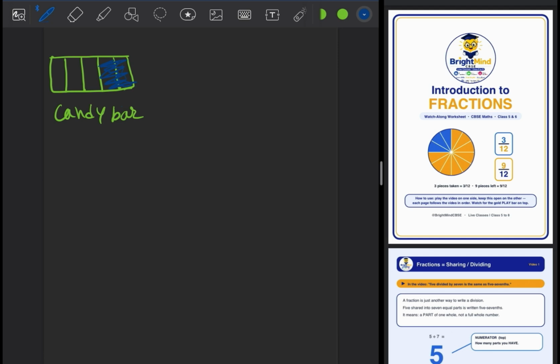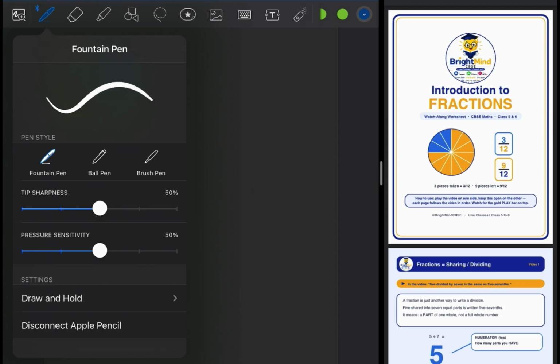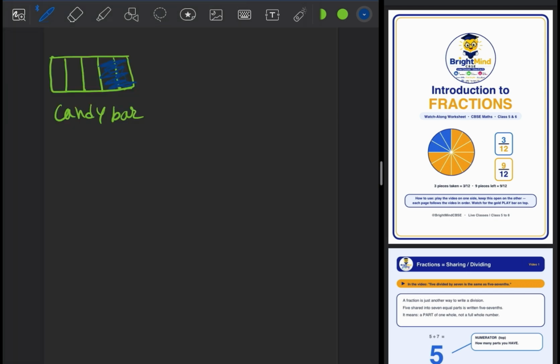Okay, so what we could say is that we have eaten 2/5 of how many candy bar pieces? 5. 2/5 of the candy bar I have eaten. Here is 2. 2/5 of the candy bar has been eaten. Right? Okay, so hope you understand fractions and all are clear for you.